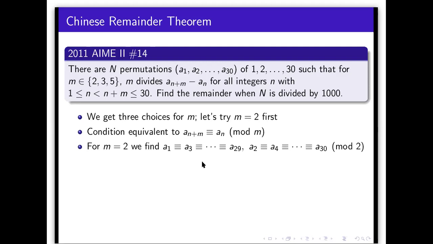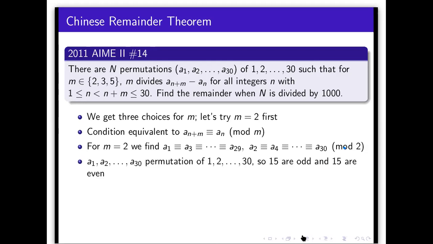So if we pick m equals 2, we see that a sub any odd integer is the same and a sub any even integer is the same. Is this step understandable? So we know that the a sub i have to be a permutation of 1 to 30.